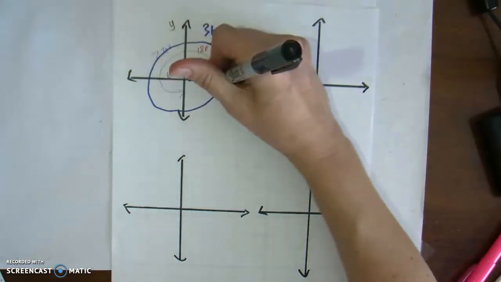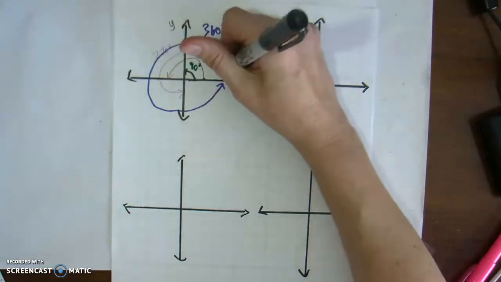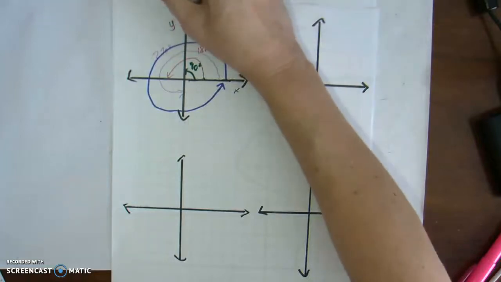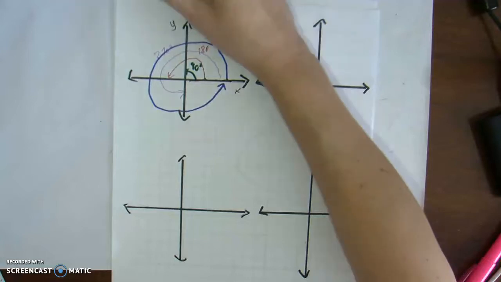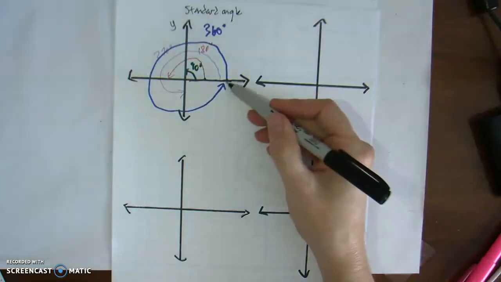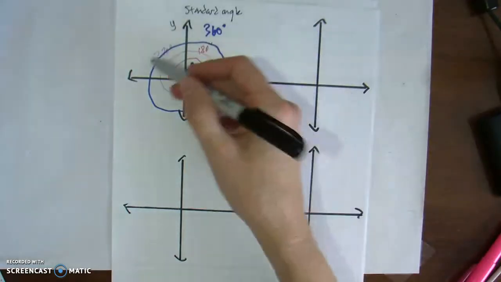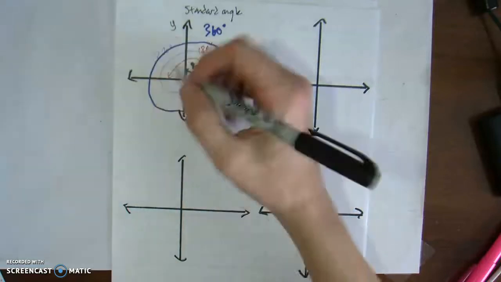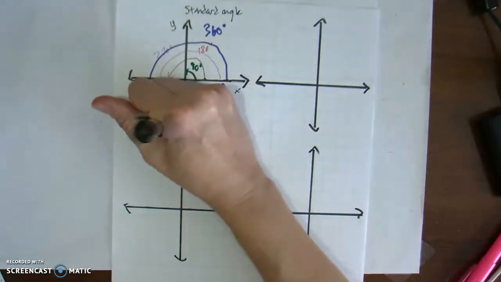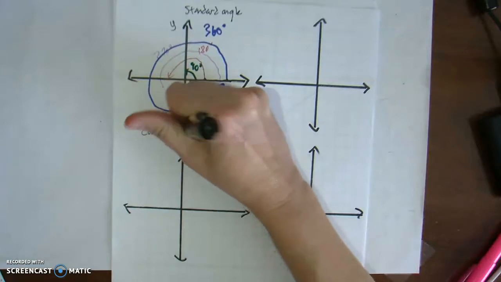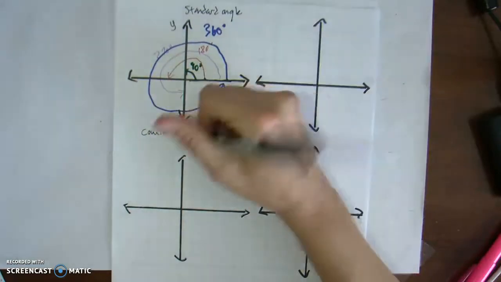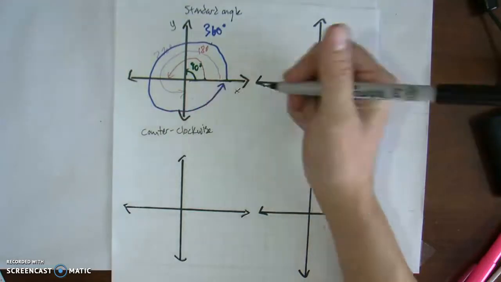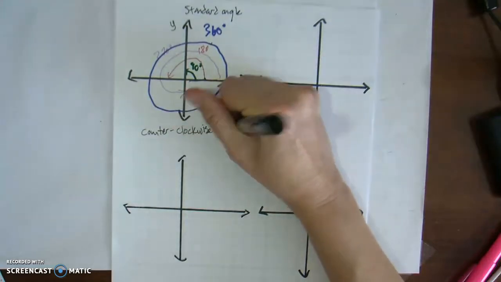Notice that that's where each one of my angles started, and that's what we call a standard angle, when it starts over here on the positive part of the x-axis. Notice also they all moved in this direction, and that's the counterclockwise direction. And that's what your angles that are positive do. They go in the counterclockwise direction.